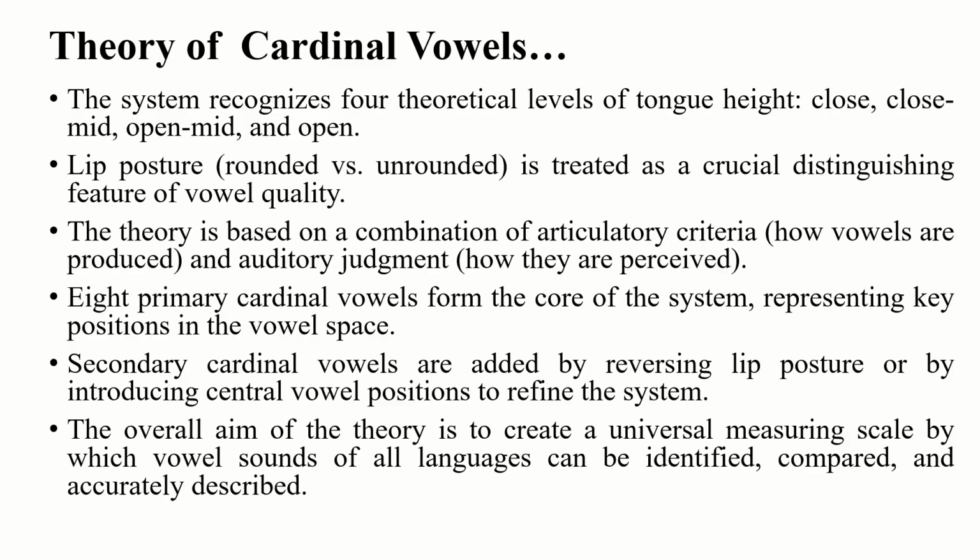And secondary cardinal vowels are derived by reversing lip posture or by introducing central vowel positions to refine the system. And the overall aim of the theory is to create a universal measuring scale by which vowel sounds of all languages can be identified, compared, as well as accurately described.